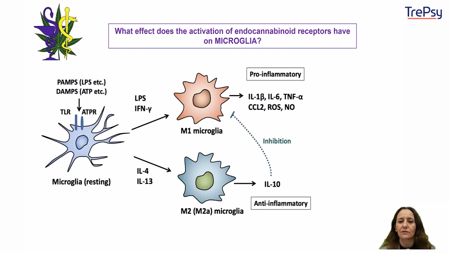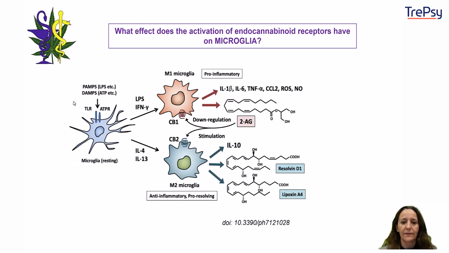They can produce pro-inflammatory mediators, and these microglia give rise to M1 microglia, which is a pro-inflammatory profile. Another option is a more reparatory profile, called M2, which is a more anti-inflammatory one.